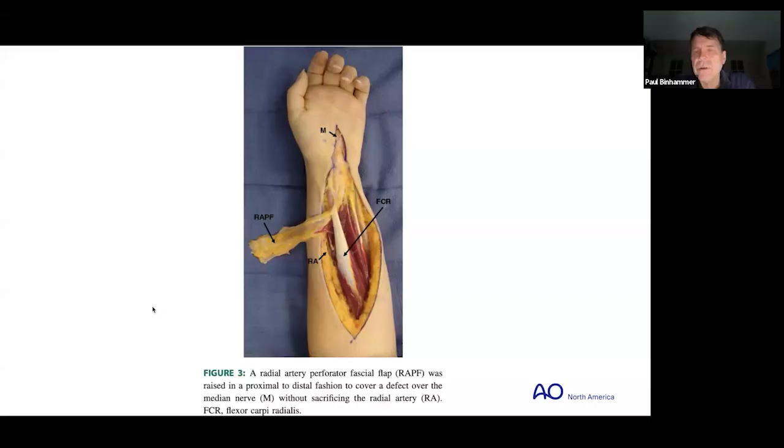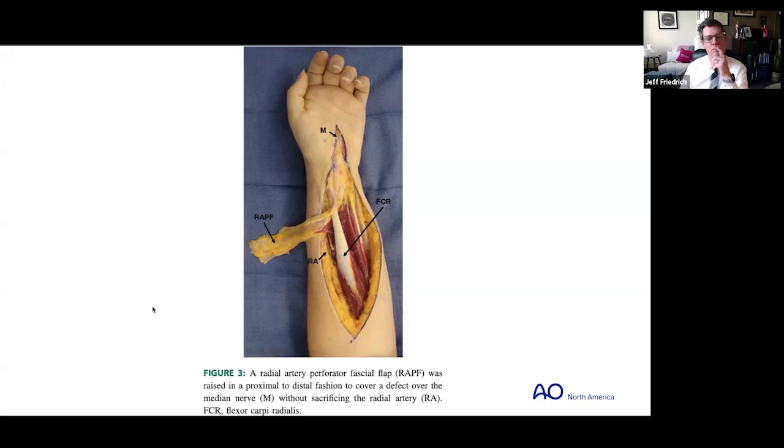I think your earlier discussion about 3D, 4D was very pertinent to this question. Like Anthony just used the example of a palm defect.